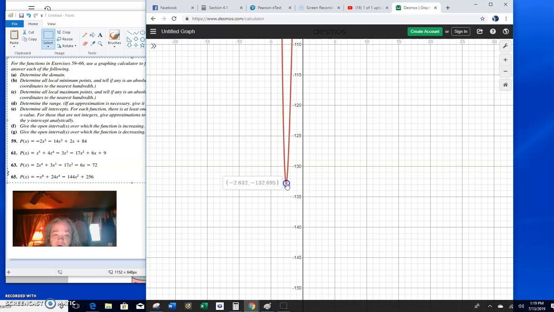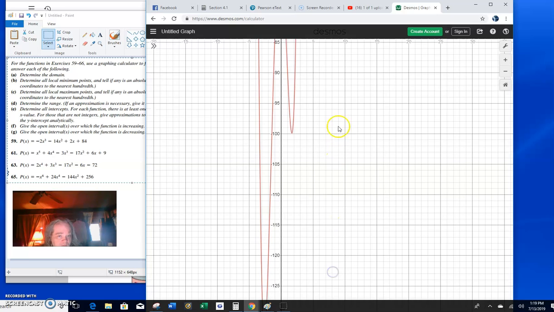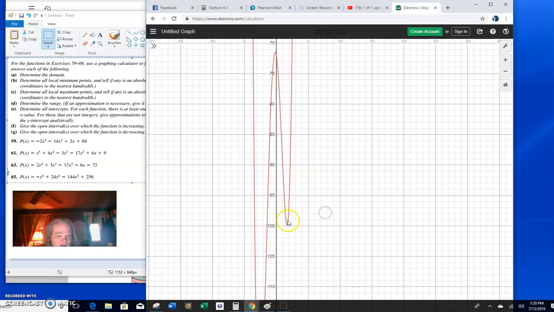There's one right here. So that would be a relative min. And another relative minimum point happens right here at the ordered pair 1.677 and -99.904.